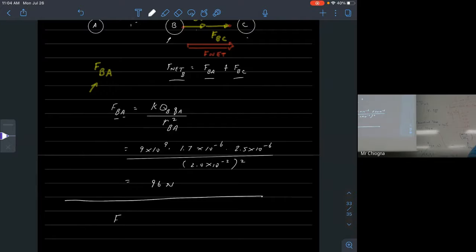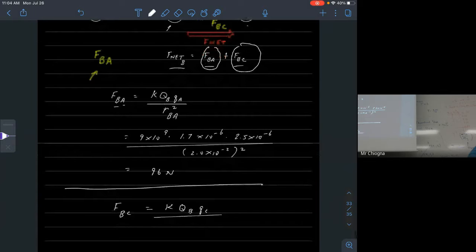Next one, FBC. Okay, we need both FBA, which we just calculated, and FBC. Subscripts are the same on the right as they are on the left for the charges. Doesn't matter the order. Just make sure you use the right charges when doing the calculation.